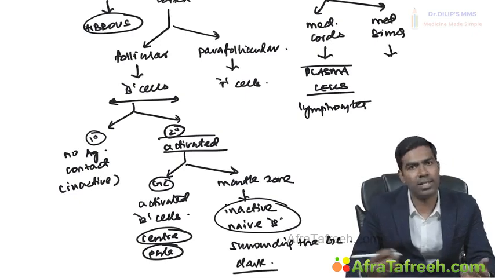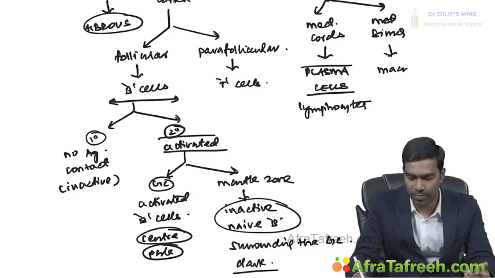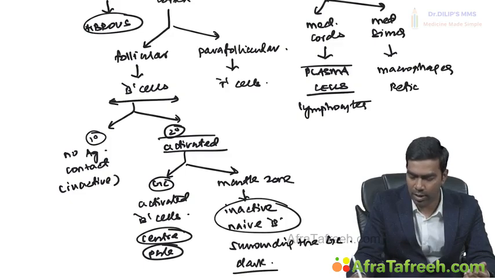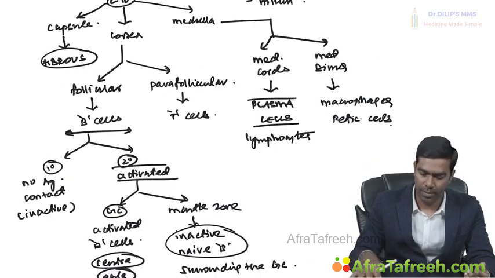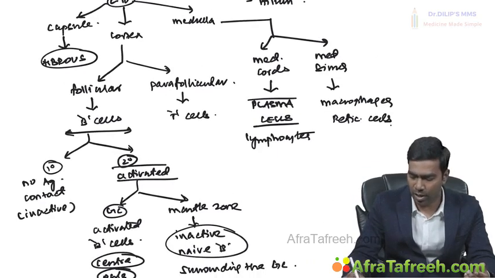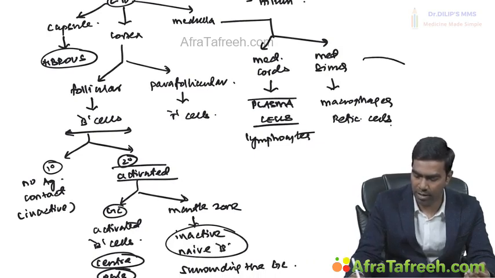In the medullary sinus, you see macrophages and reticular cells. The medullary sinus forms connections with the afferent lymphatics and the efferent lymphatics.